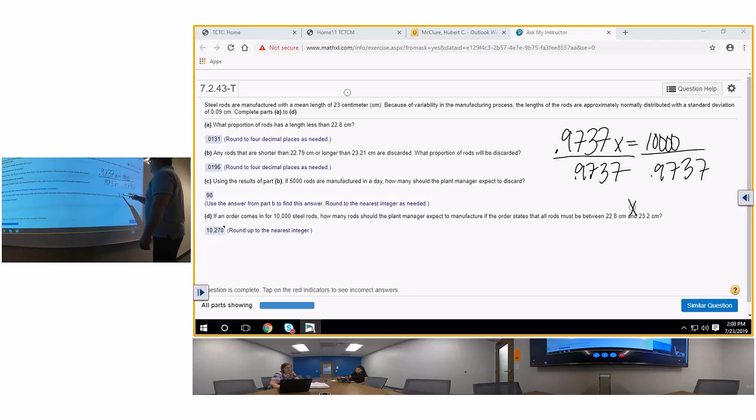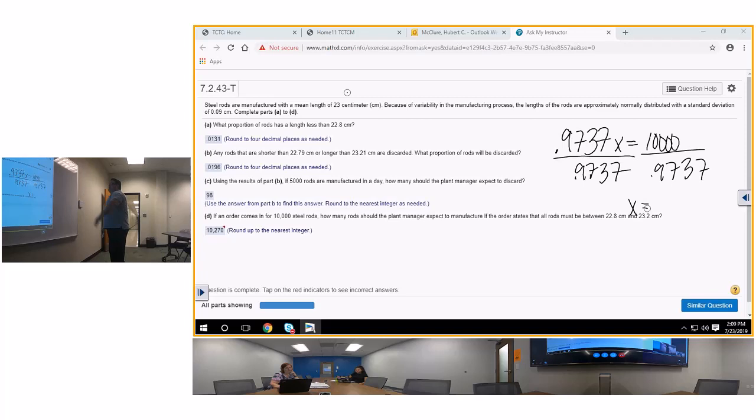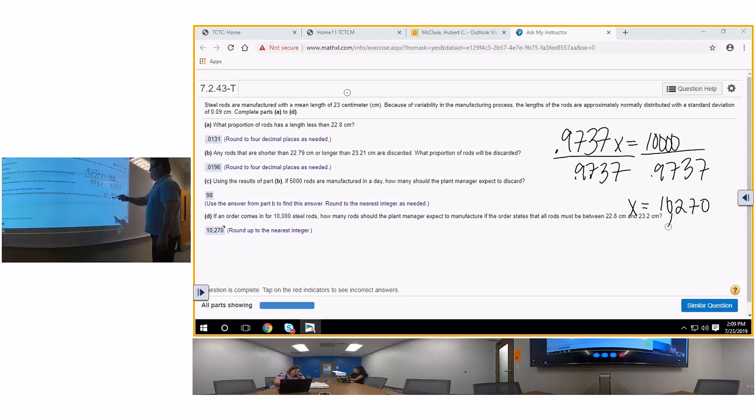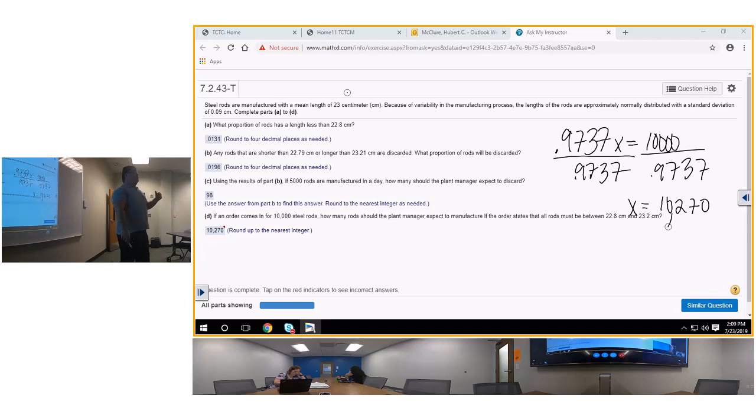And x is equal to, somebody divide 10,000 by 0.9737. 10,270. That should be your answer. So they've got to make almost 300 rods more to compensate for the error.